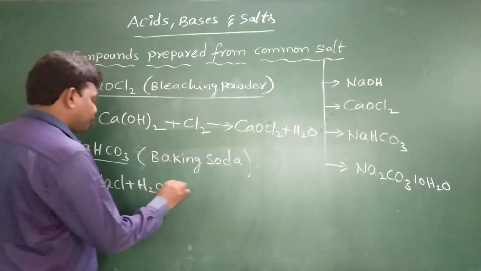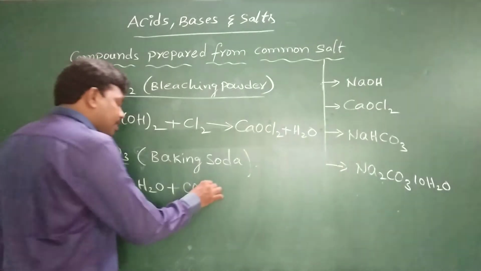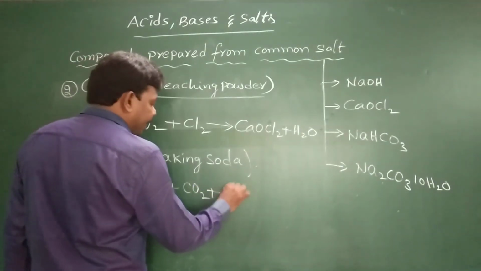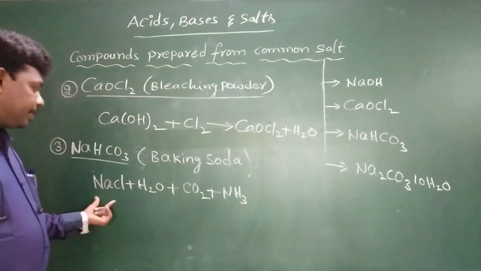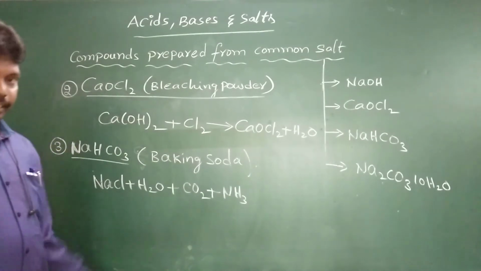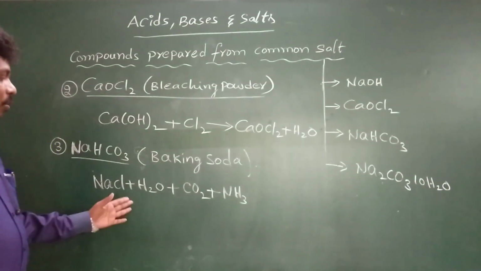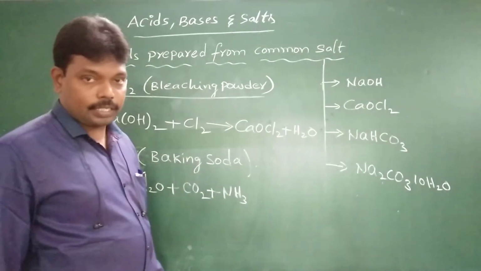To this brine solution, we have to pass CO2 gas and cold NH3, ammonia. NaCl, water, carbon dioxide, ammonia: these are the reactants. To the brine solution, pass the carbon dioxide, then pass the ammonia gas.